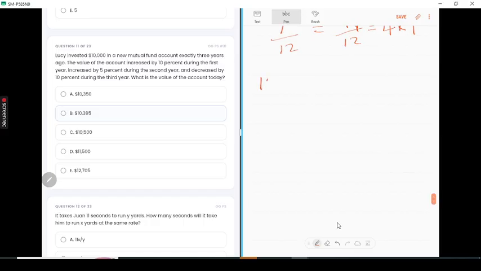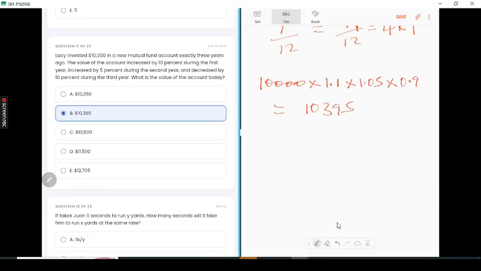Lucy 10,000 increased by 10%, that is times 1.1, increased by 5%, that is times 1.05, decreased by 10%, that is times 0.9, thank you. And this is 10,395. So the answer is B.